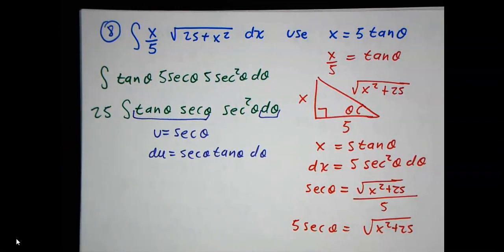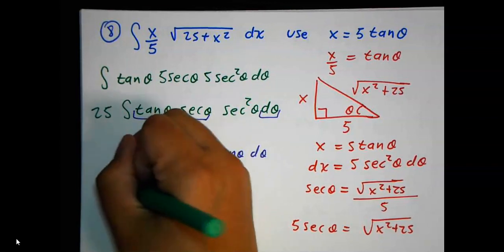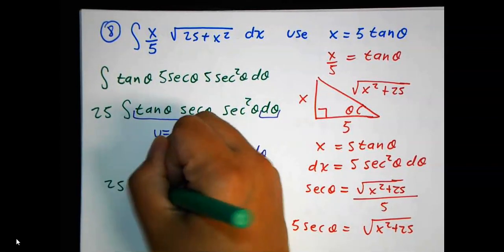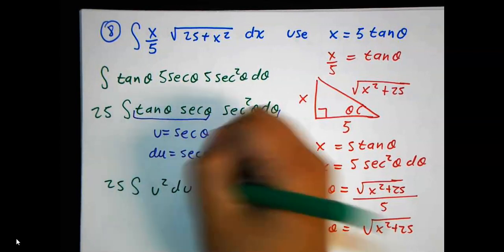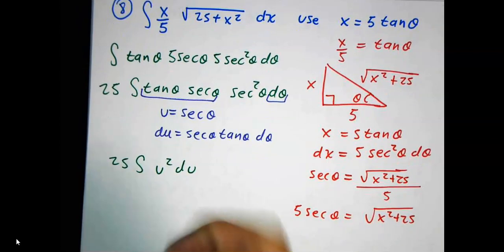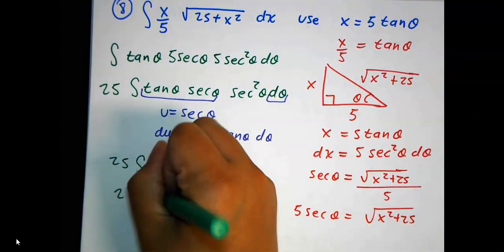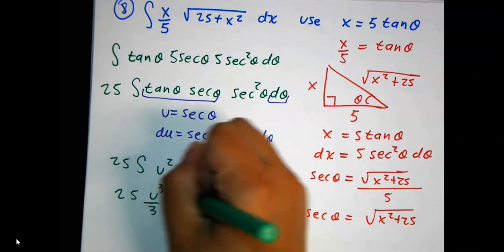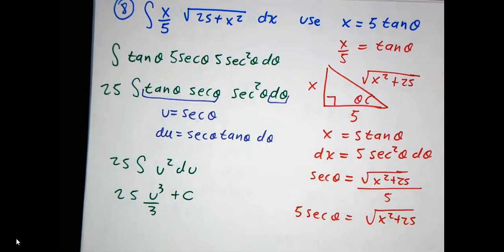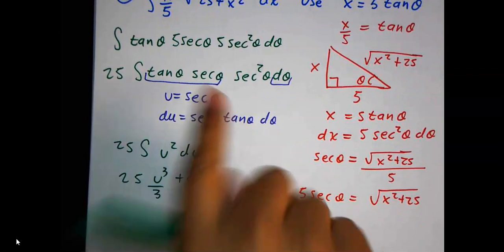So if I substitute that, I'll get 25 u squared du. To do the integral, I'm going to add 1 to the exponent and divide by it. Plus C.